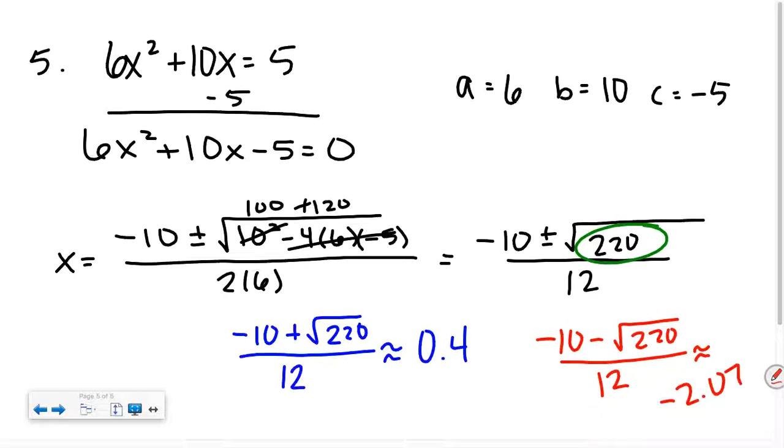So I got 0.4 and then negative 2.07 when you round that to the hundredth.